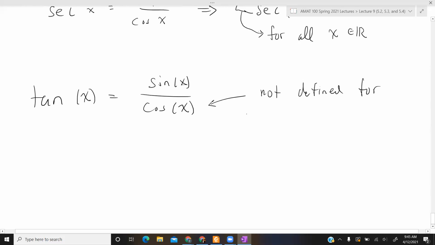So tangent is not defined for those values of x for which cosine x equals 0.